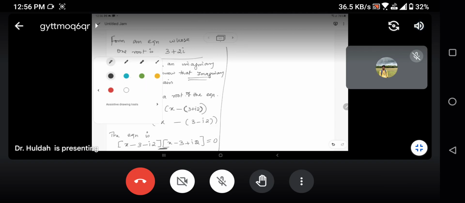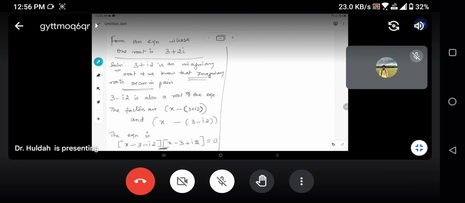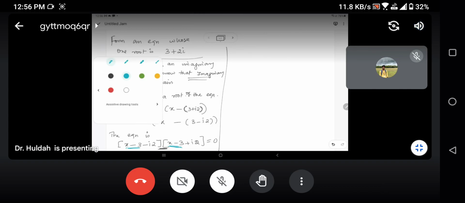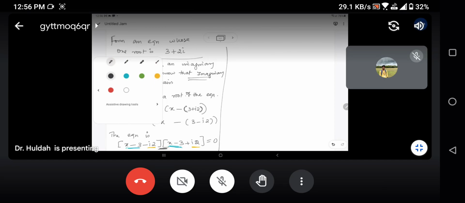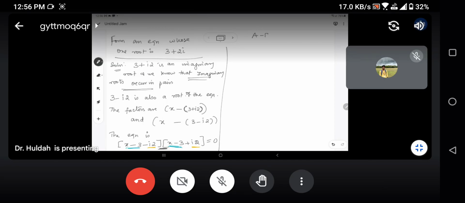So now, you see here, x minus 3 is common. Then you have minus 2i here, plus 2i. Same thing, but plus and minus. So this is of the form (A minus B) into (A plus B), which is A squared minus B squared.